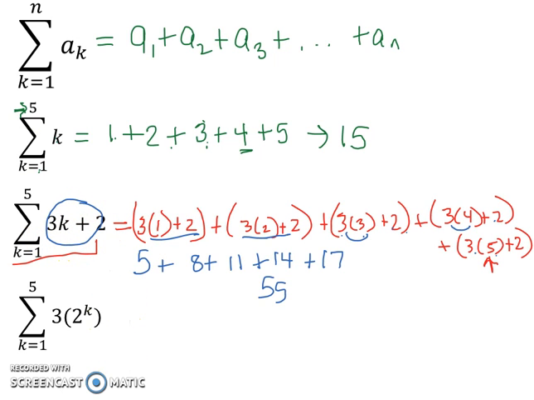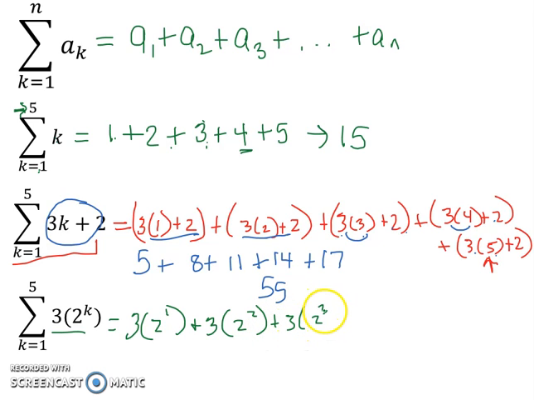Now we can also have other things happening. So here we have a geometric series. In fact, this was in our geometric sequence example, but we're only looking at the first 5 terms. So again, it's 3 times 2 to the first plus 3 times 2 to the second plus 3 times 2 to the third plus 3 times 2 to the fourth plus 3 times 2 to the fifth.